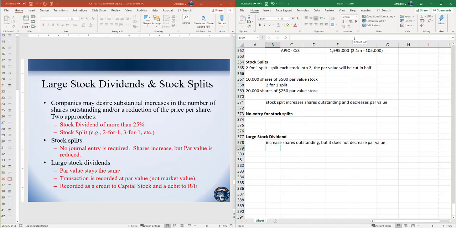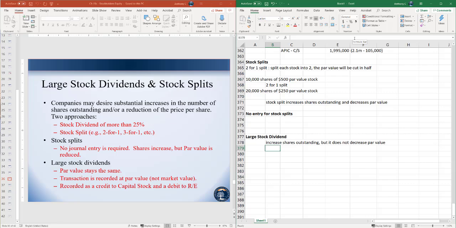Stock dividends you could issue as a publicity stunt, or for whatever reason. To account for this, we're still transferring retained earnings over to the capital stock account. However, since par value stays the same, we're just going to record the transaction at par value.